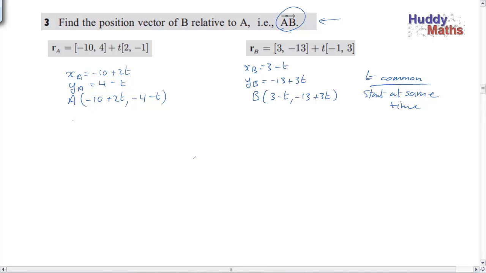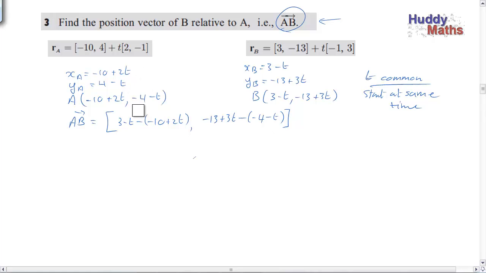So what would the general vector AB look like? The general vector AB would be the x of B minus the x of A, comma, the y of B, second point, minus the first, minus 4 take t. Okay, so that's the point there. Oops, and I made a mistake already.